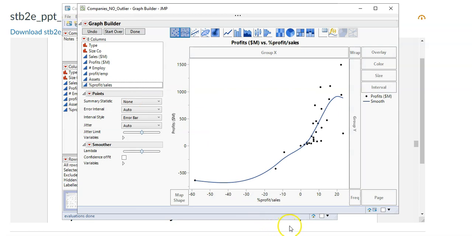As soon as you do this, JMP itself, the graph builder itself, actually creates a nonlinear model that has the highest accuracy of calculation here. You can see that. And from there you can actually get more information.